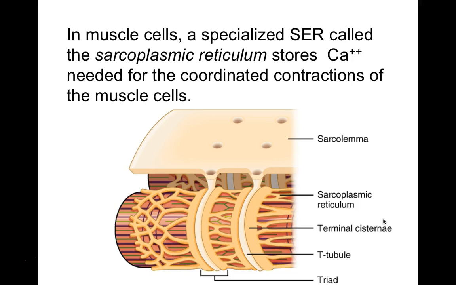And in fact, you can see in this illustration of a muscle cell, often called a muscle fiber, that the SER has a very complex, unique kind of structure that's what we would expect to find in a muscle cell, and not the idealized or stylized animal cell that we've been seeing in our previous illustrations.